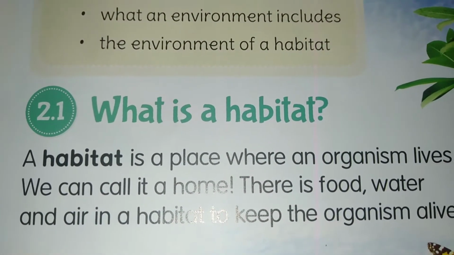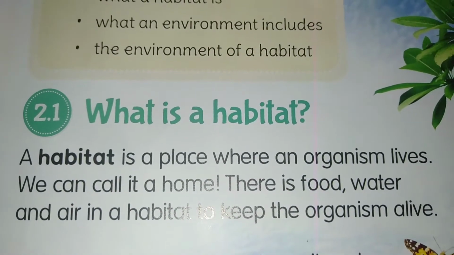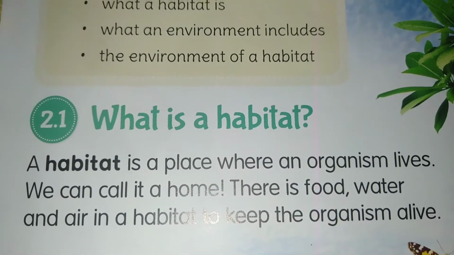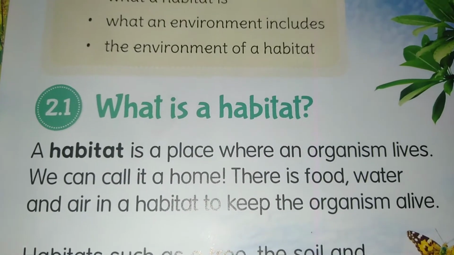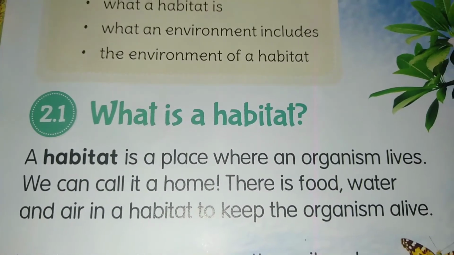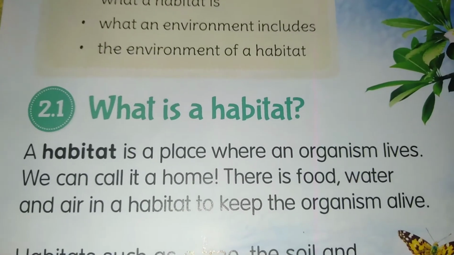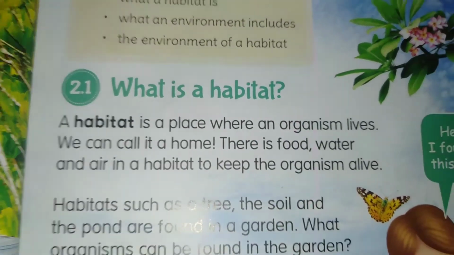A habitat is a place where an organism lives. We can call it a home. There is food, water, and air in a habitat to keep the organism alive. So that is a habitat.